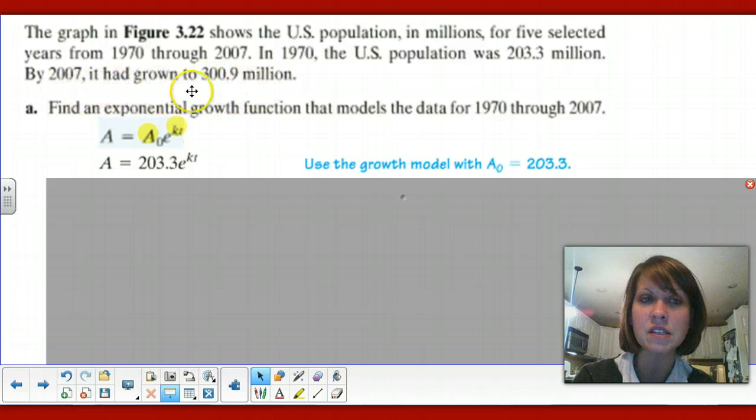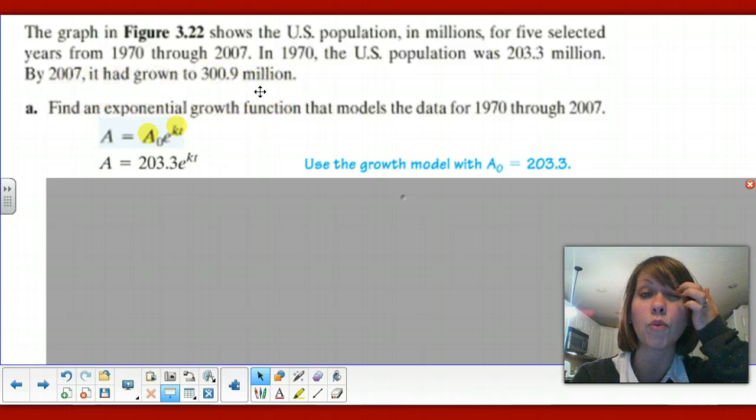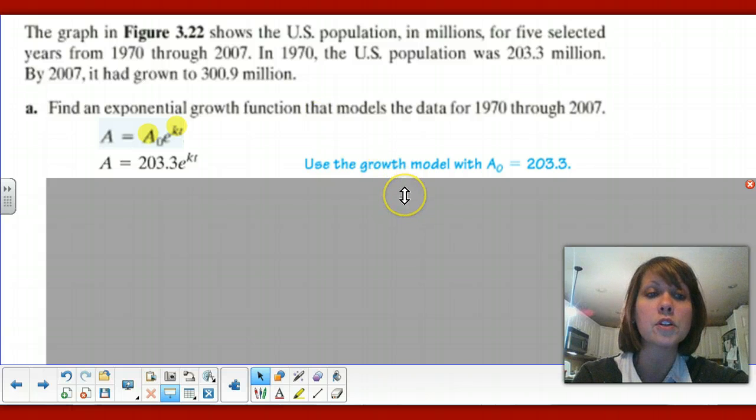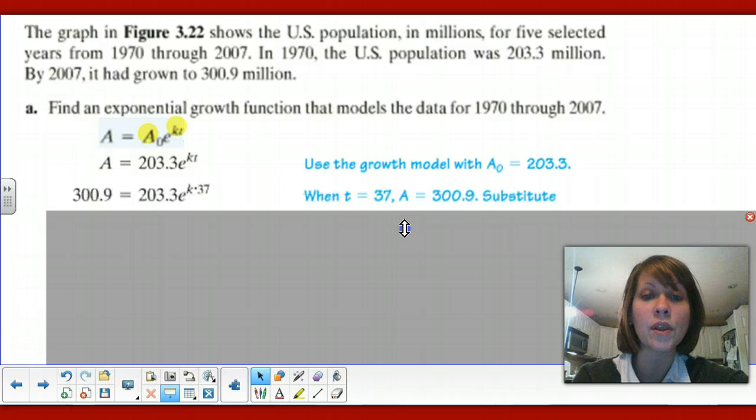By 2007, it had grown to 300.9 million. They're giving us a second ordered pair. The 300.9 is going in as our A, and the T is 37. And you might be thinking, well, but I thought it was 2007. Well, the T is how many years from the start.